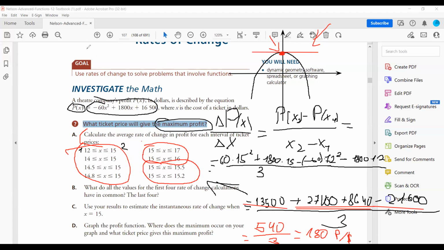Guys, if you see the similarities, everywhere we have the second point as 15, and here we have 15 as the first point. So your calculation should be easy. You have to change only one number in there.